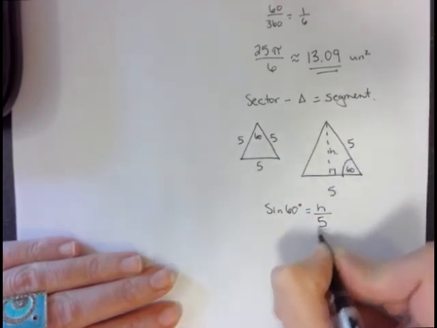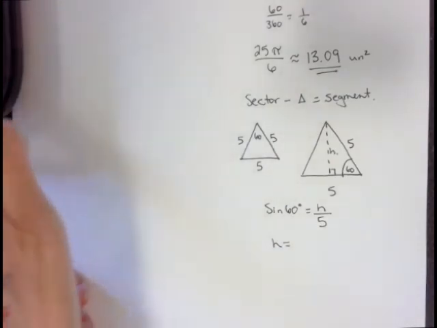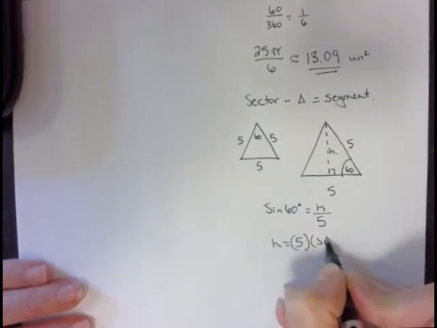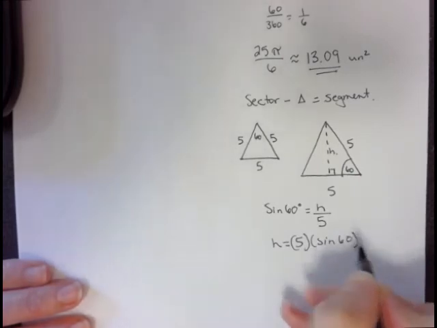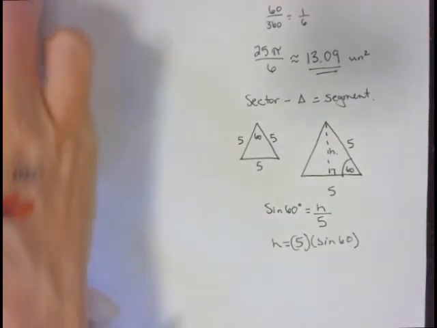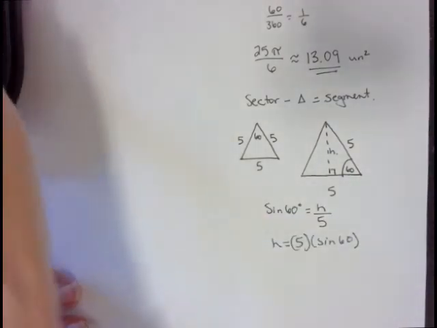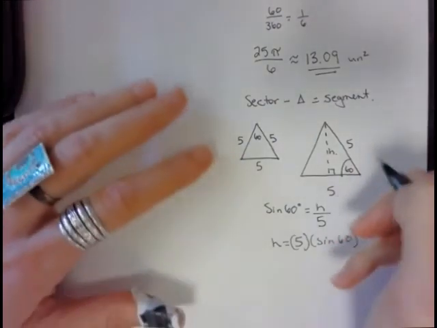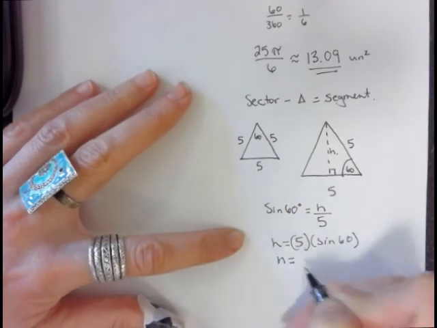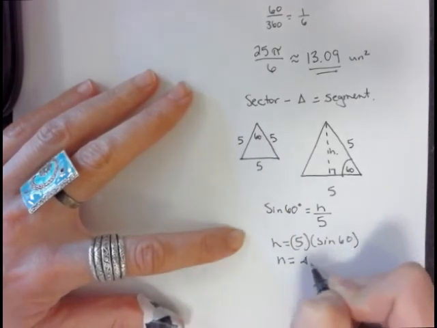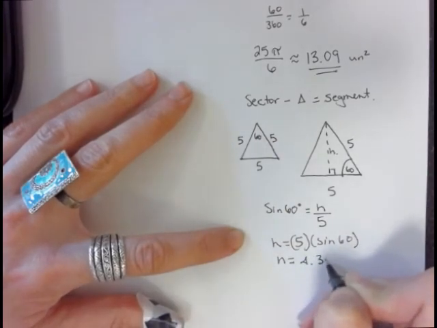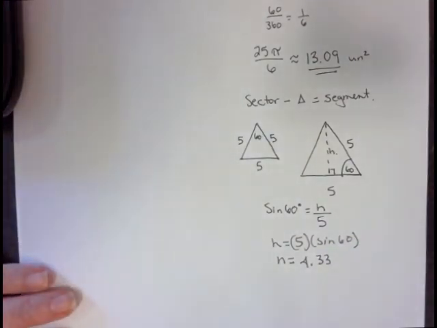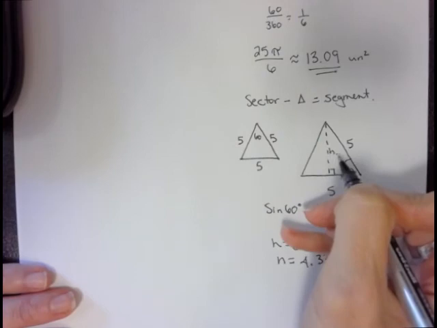So the height of this triangle is 5 times sine 60. I do that in my calculator. 5 times sine 60 is about 4.33. Let's just round to the nearest hundredth. So this height is 4.33.